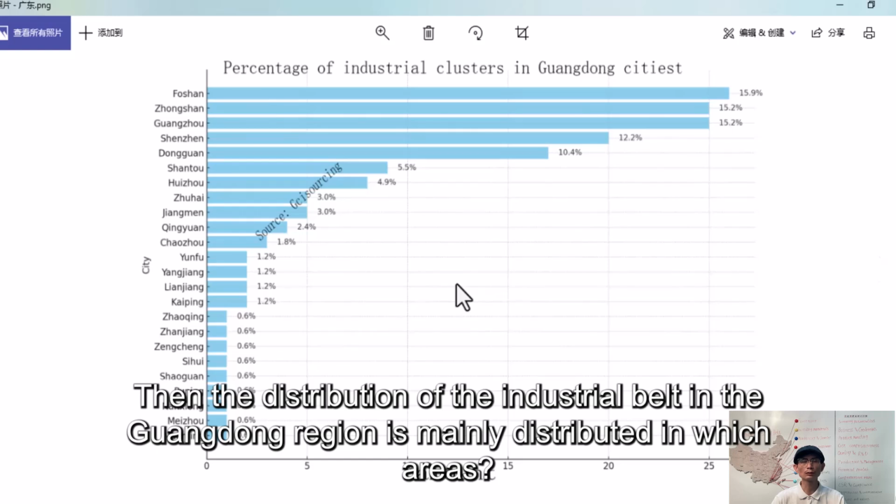Then the distribution of the industrial belt in the Guangdong region is mainly distributed in which areas?